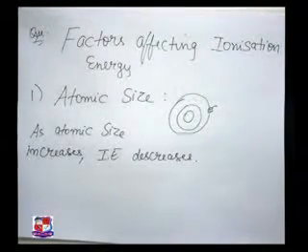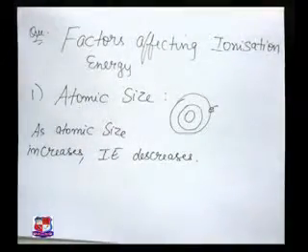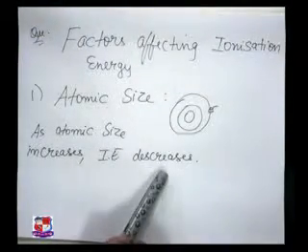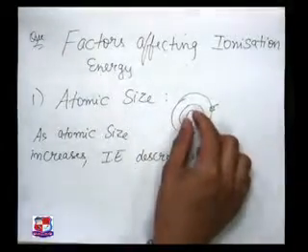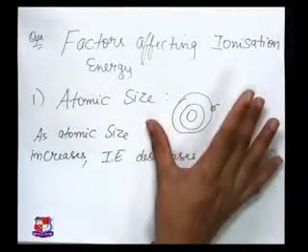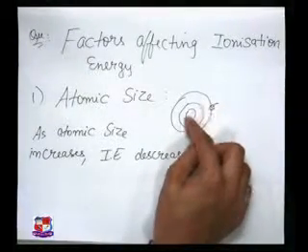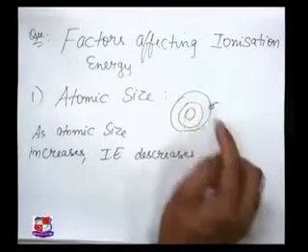It is affected by several factors. The first is your atomic size. As atomic size increases, ionization energy decreases. Why is it so? What is the reason? Look here, when the size of the atom increases, the distance of the outermost electron from the nucleus increases.